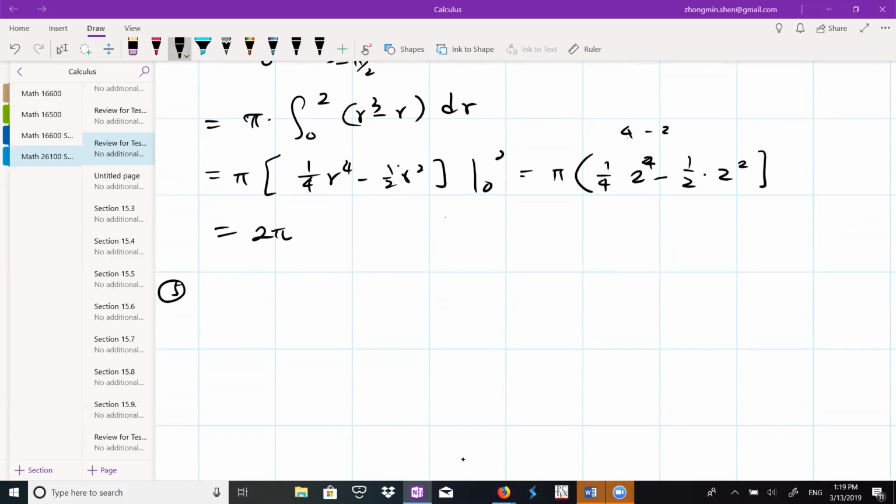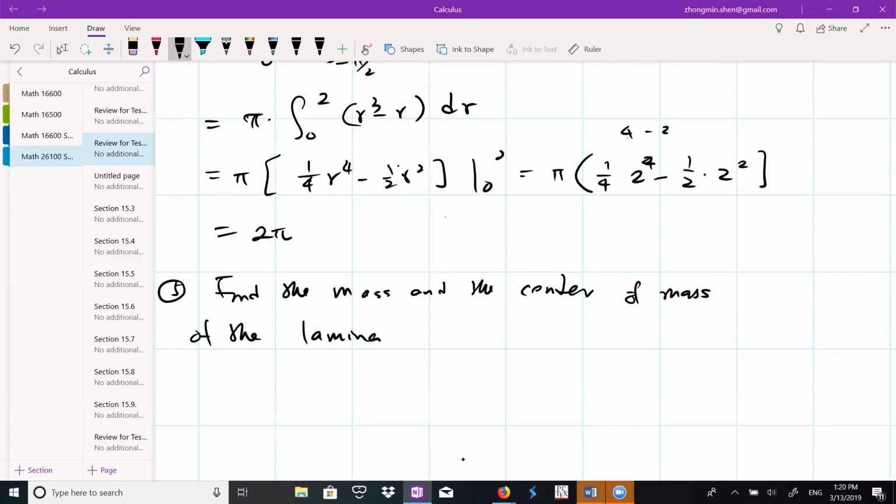Number 5. Okay. We're going to find the mass and the center of mass of the lamina that we have to draw the picture of, okay?